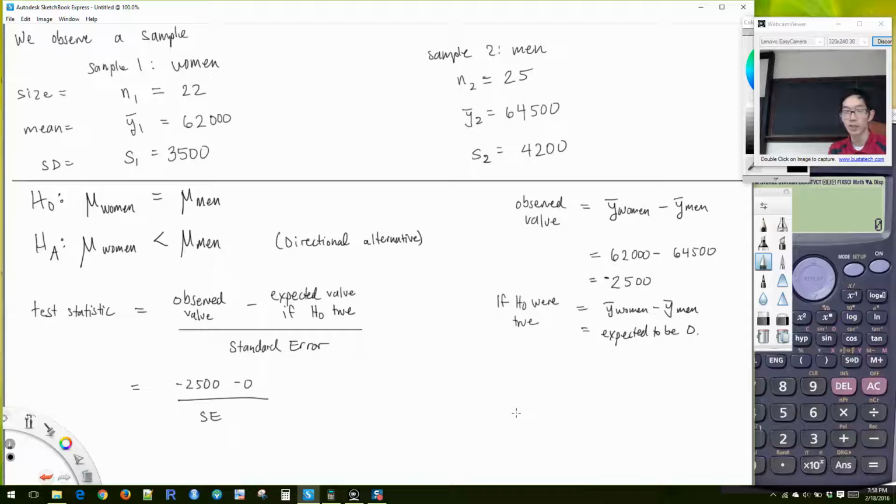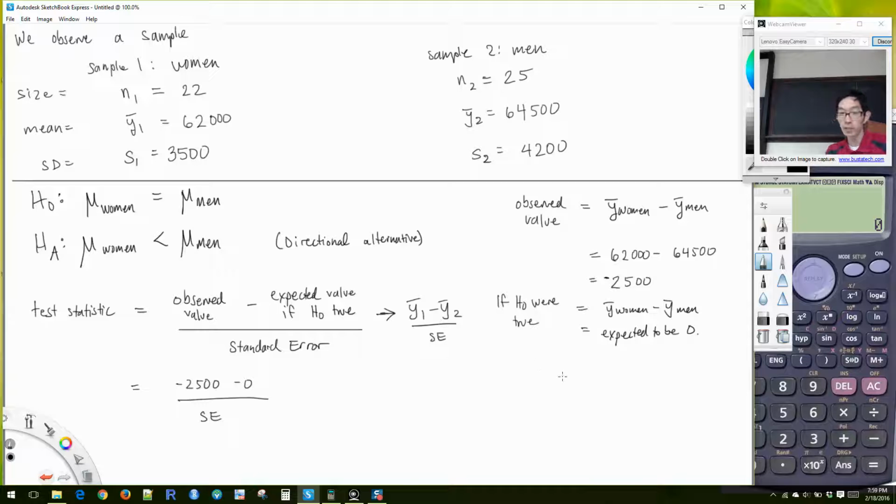Because for t-tests the expected value is almost always 0, we often just say this ends up being y bar 1 minus y bar 2 divided by the standard error. It's technically y bar 1 minus y bar 2 minus 0, but because subtracting off 0 does nothing, sometimes it's just left off.